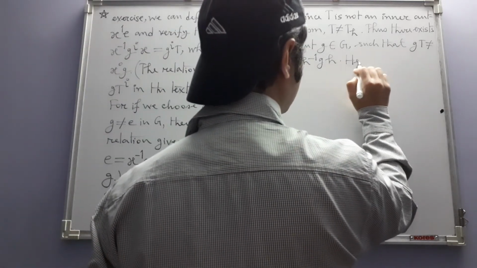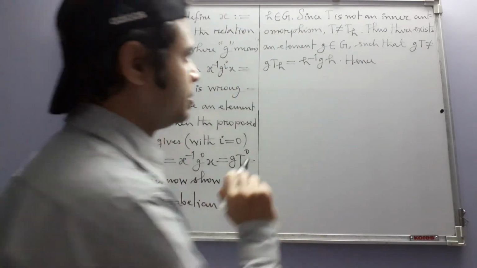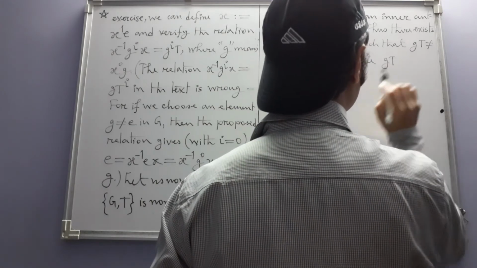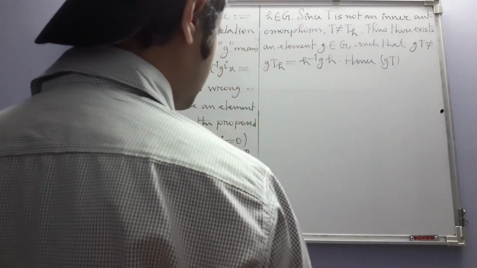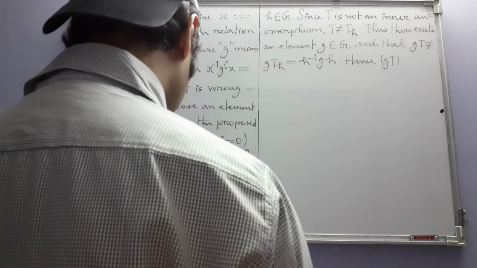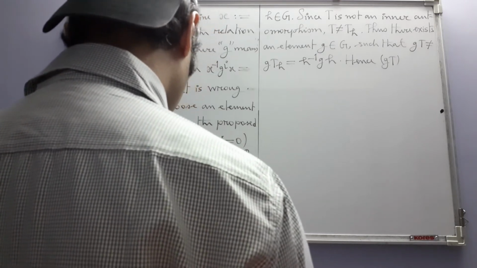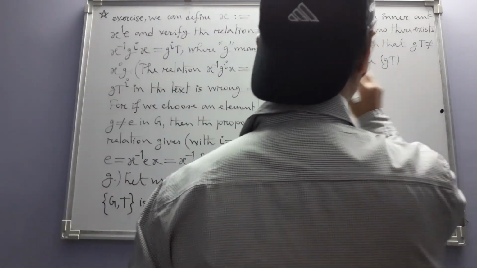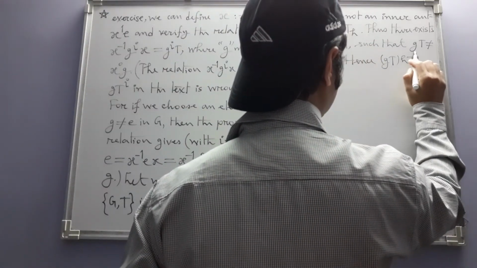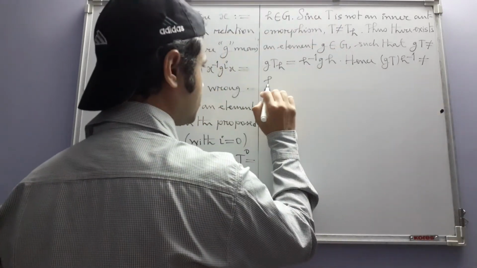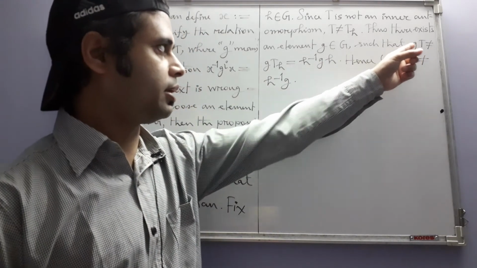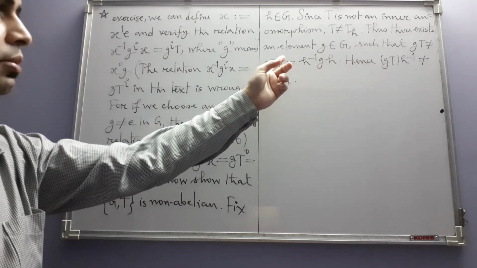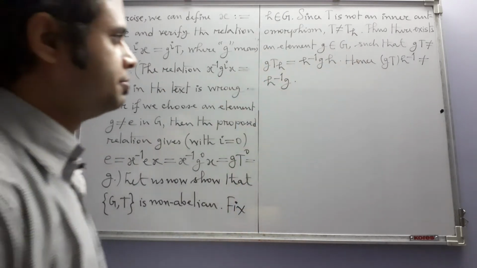Hence, GT is not equal to H inverse GH. Hence, GT H inverse is not equal to H inverse G. That we get by looking at the first and last term of these inequalities.